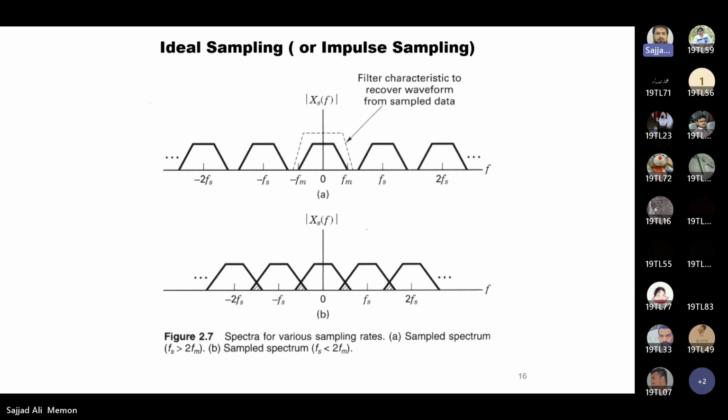We can filter it out, but we cannot filter out this one because the frequencies are overlapping at this point and at this point and in other parts as well. So that is called the aliasing effect, and it happens when we take the sample rate equal to twice the maximum frequency or less than twice the maximum frequency. But you will say, how?